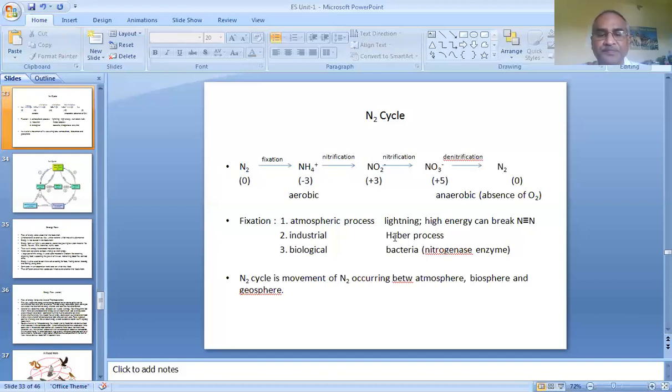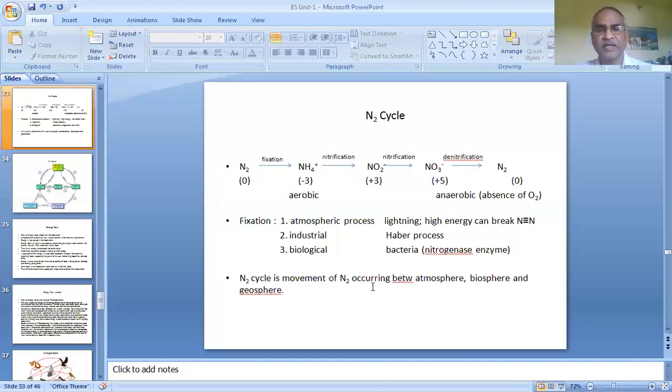Out of these three, in agricultural fields we use the fertilizers, and of course in normal plant growth, the biological method takes place. So nitrogen cycle is the movement of nitrogen occurring between atmosphere, biosphere, and geosphere.